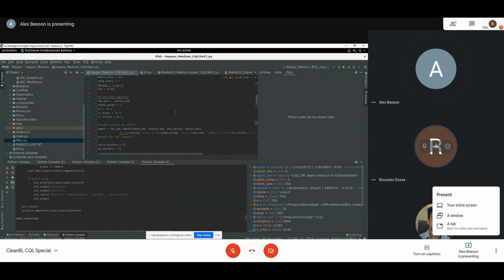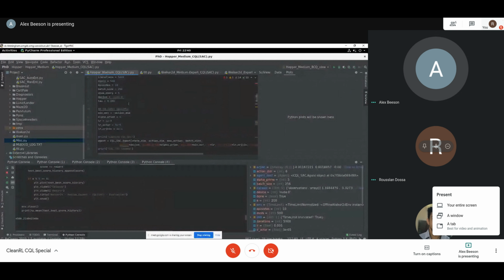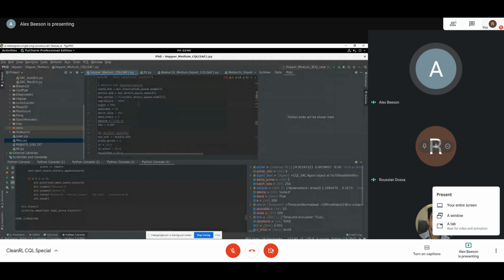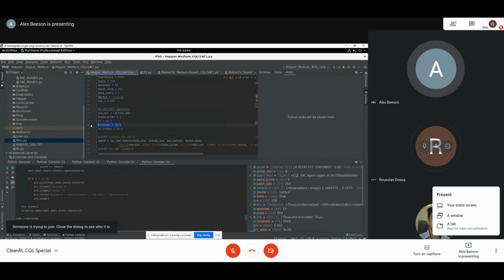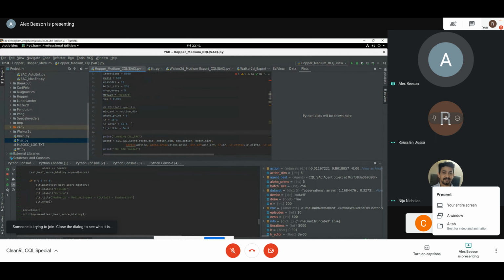So the main hyperparameters we've got are the learning rates for the actor, which I have set as 3 times 10 to the minus 5.